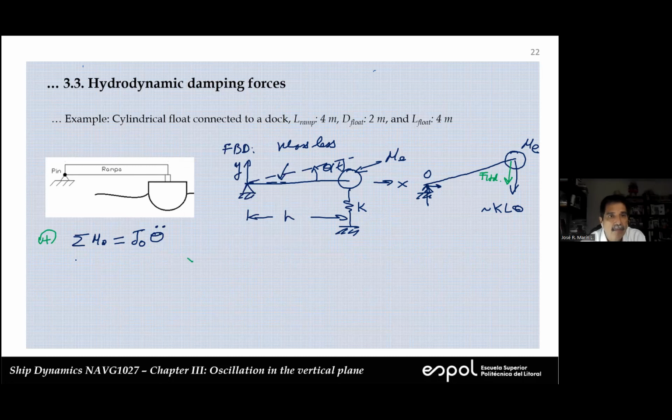So you have the minus K L theta. That's the force, multiplied by the arm, minus hydrodynamic force times L, and that's equal to the dry mass times L squared times theta double dot.